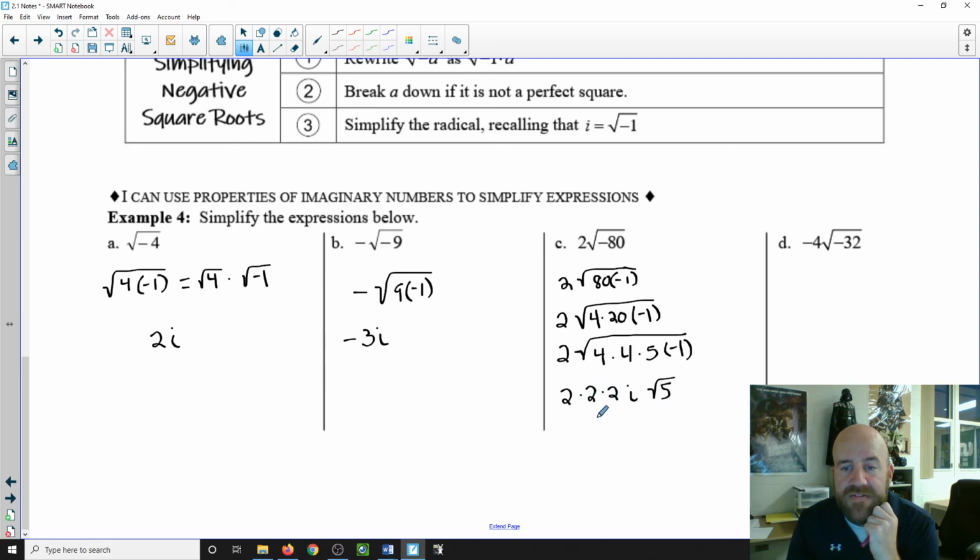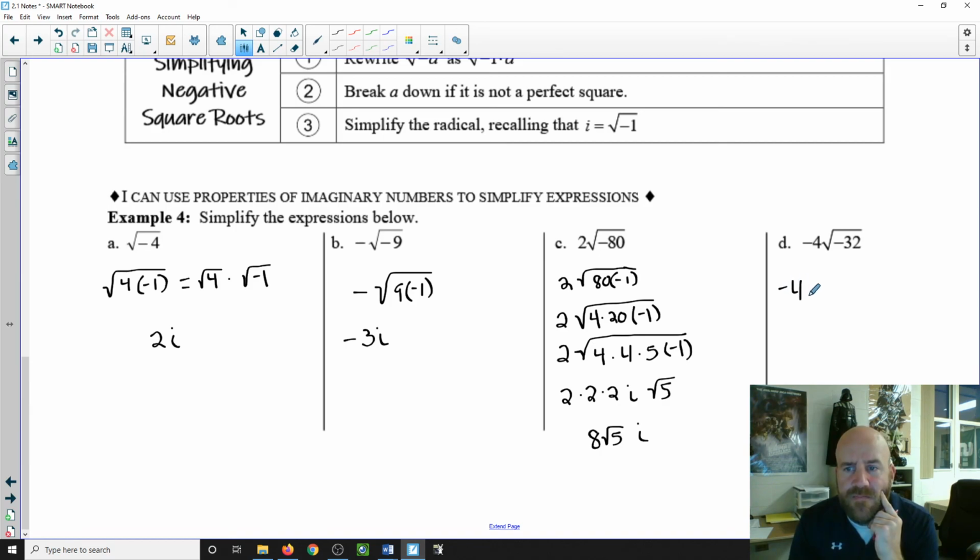So now multiply these together, we get 8 square root of 5, and then i. At the beginning we could have said, well, 5 times 16 is 80, and then we could have taken the square root of that.